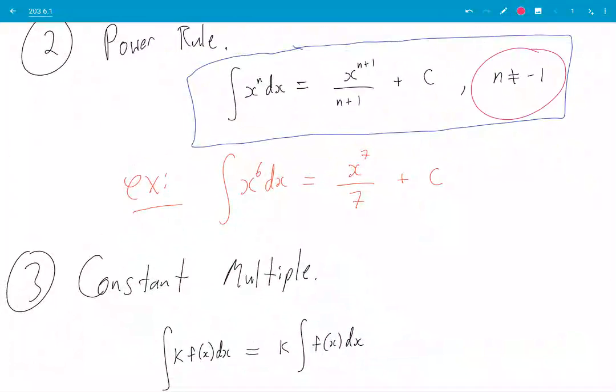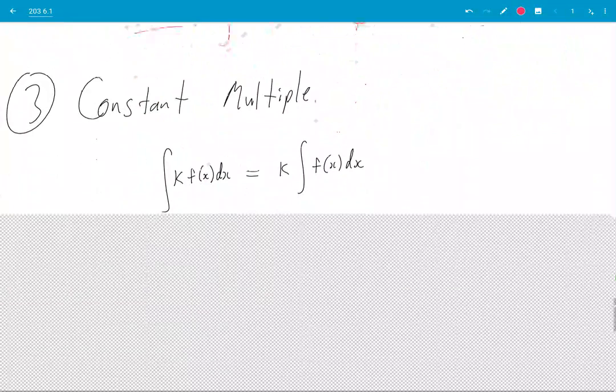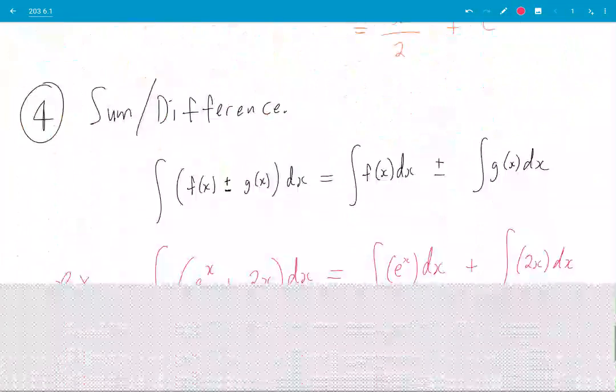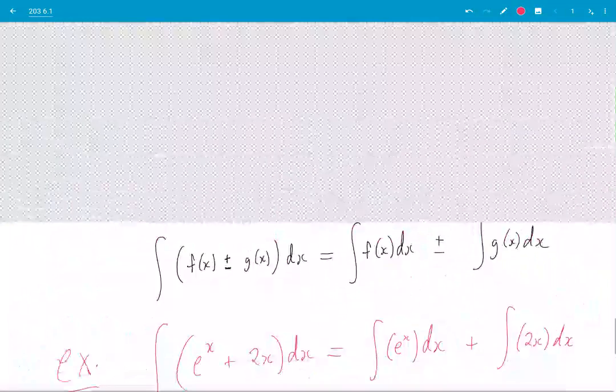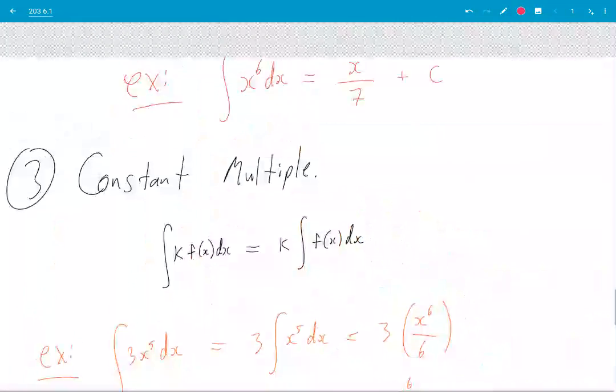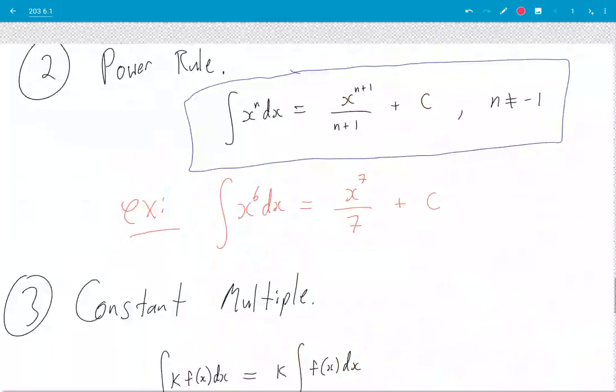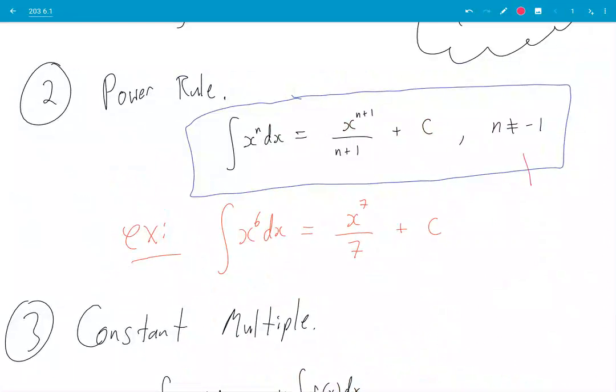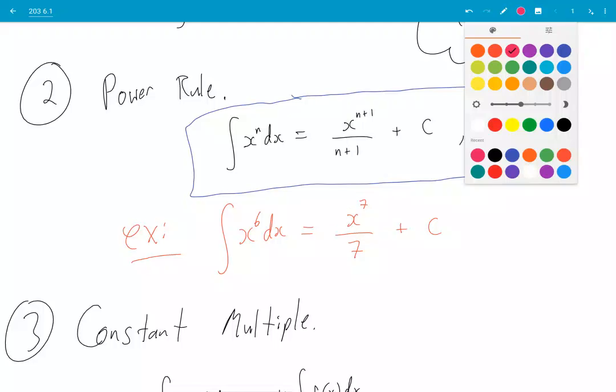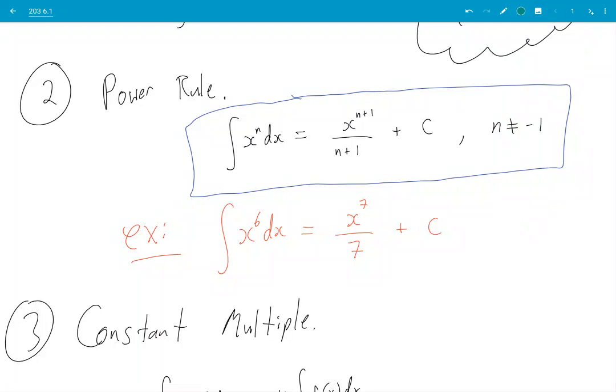What happens if n is equal to negative 1? Well, if n is negative 1, then you're going to use rule number 6. So let's write that into our notes here. Let's go with a nice forest green.